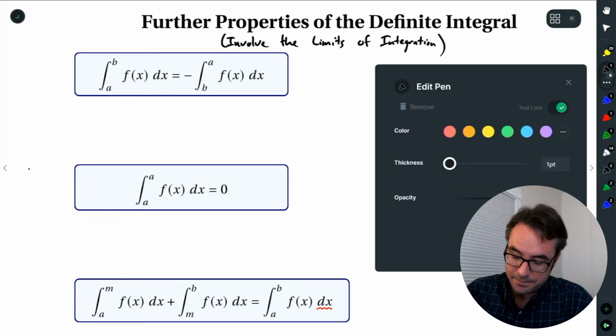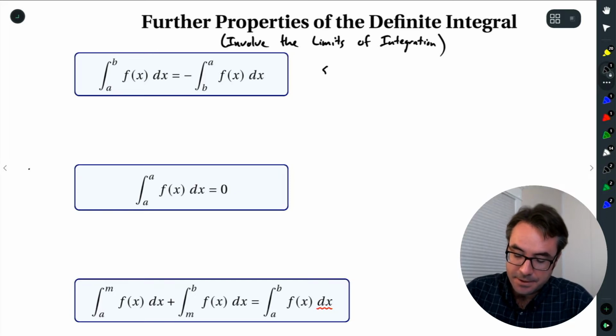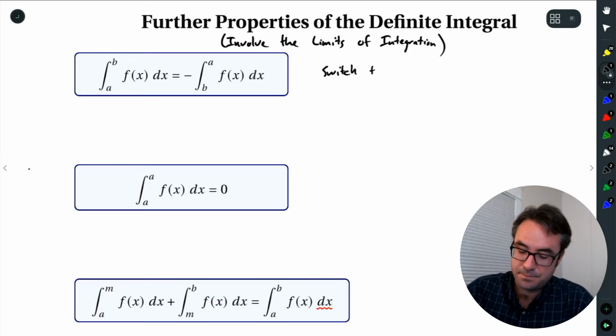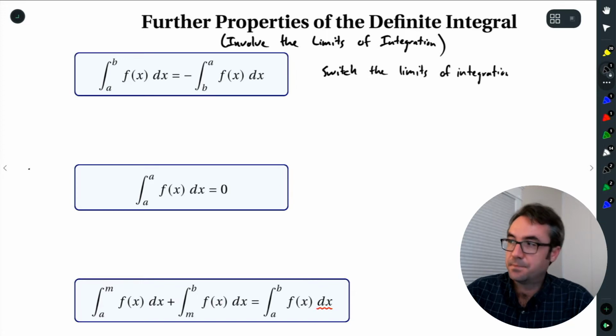So a way to think of this one is if we switch the limits of integration, we put a negative in front of the integral sign.